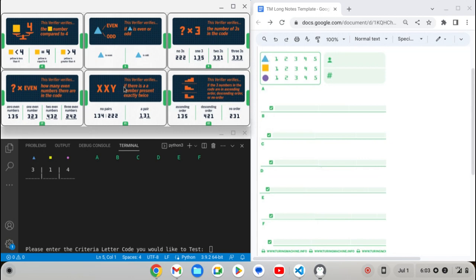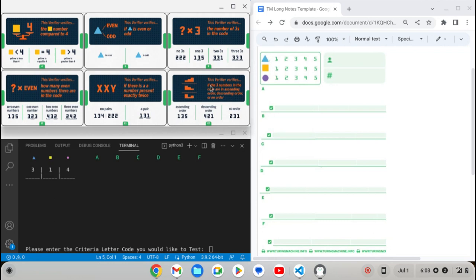Criteria card E again looks at the 3-digit solution and will let us know a little bit about its structure. Specifically, is there a pair of digits, as in the example 131, or is there no pair? There are 2 no-pair cases: all the digits are distinct, as in the example 134, or all digits are the same, as in the example 222, a single digit repeated 3 times.